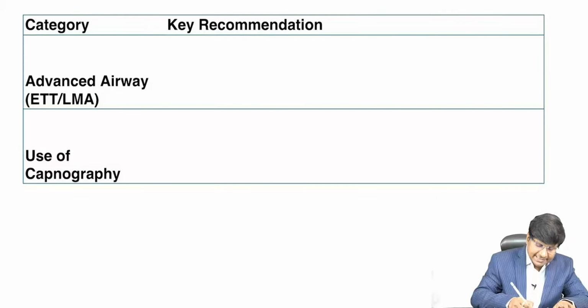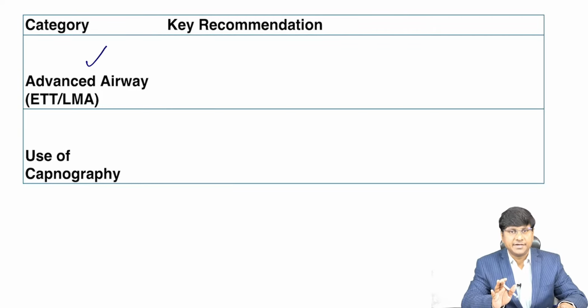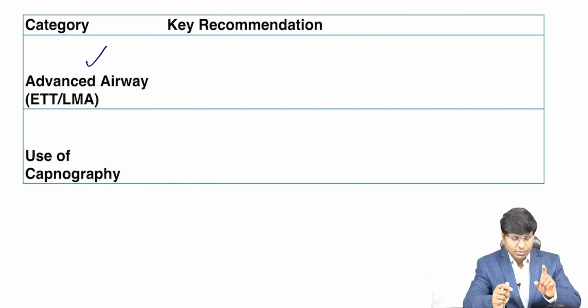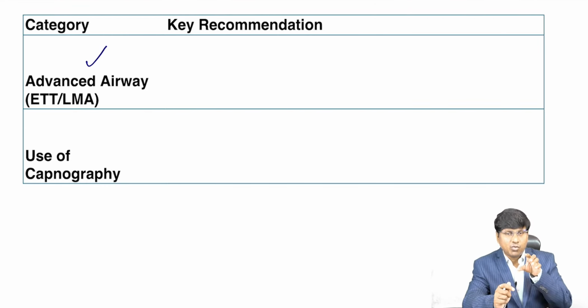Then, followed by that, you take the advanced airway. The advanced airways we have are the endotracheal tube and the LMA. The recommendation with an advanced airway is to provide continuous compressions, along with one breath every 6 seconds.